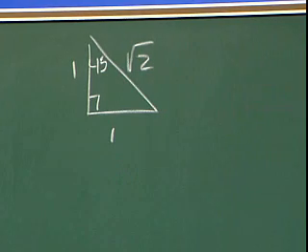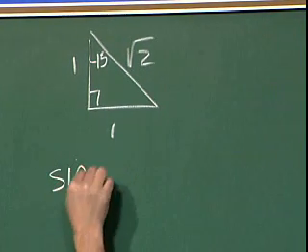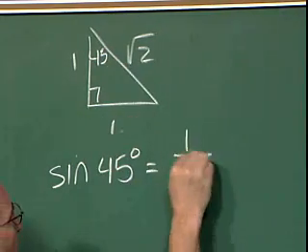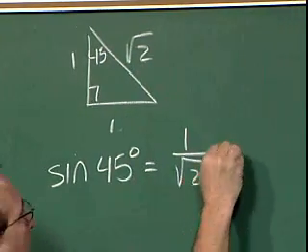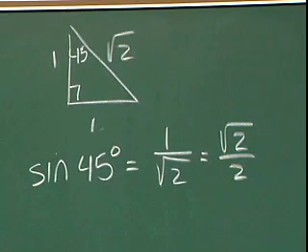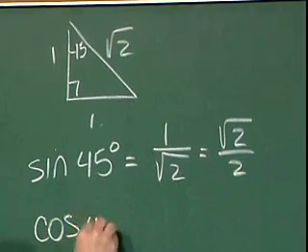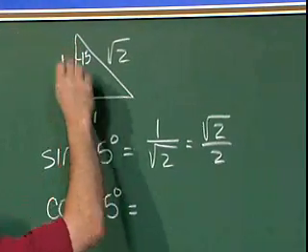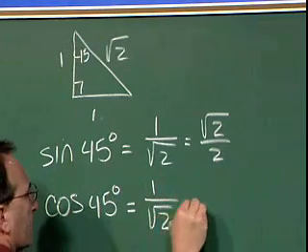I would simply say that the sine of 45 degrees is the side opposite over the hypotenuse. When I rationalize the denominator, I get the square root of 2 over 2. Cosine of 45 degrees. Well, it's the side adjacent, 1, over the square root of 2.